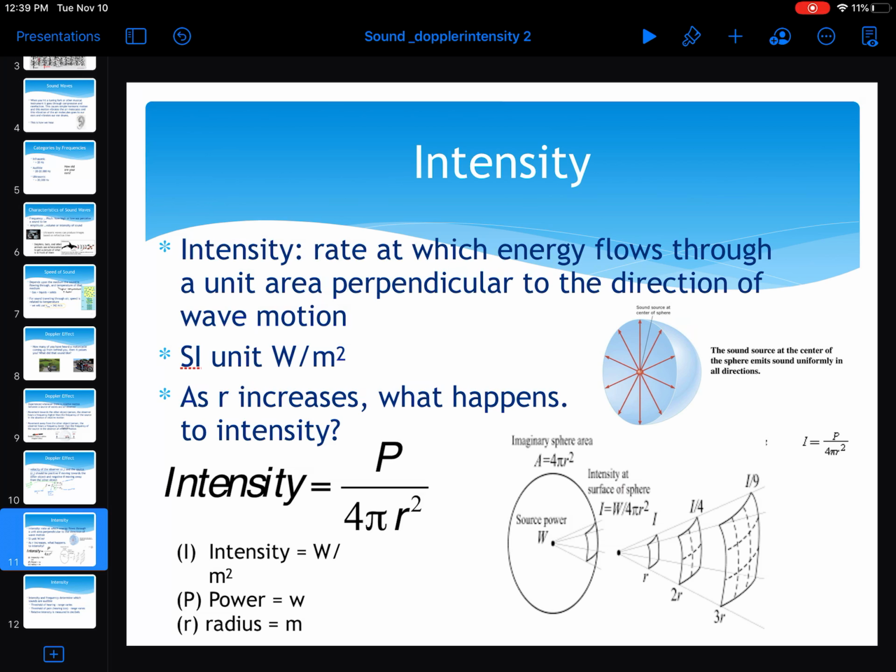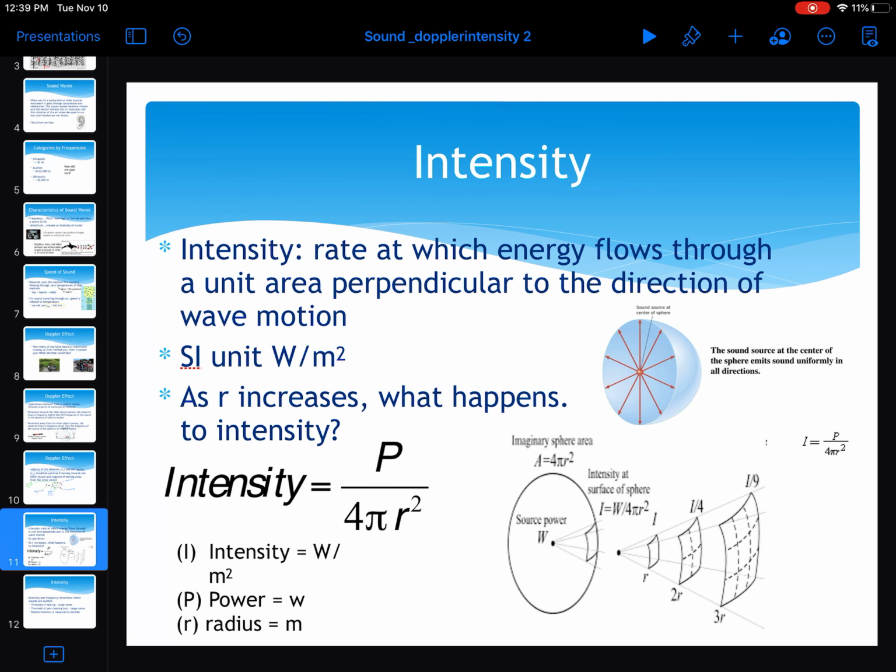And so we can see from the bottom illustration that the farther away we get from the sound source, the greater the area that has to be covered. And so as a result of that, the power is being spread out, right? We're dividing it up so that each little individual square area gets less of the sound. So my intensity is going to decrease as we move farther away from the sound source.